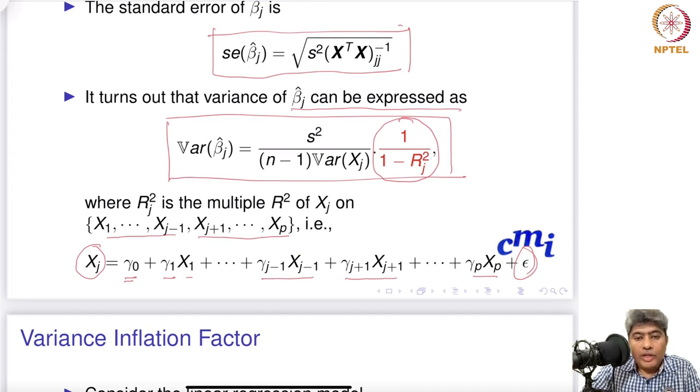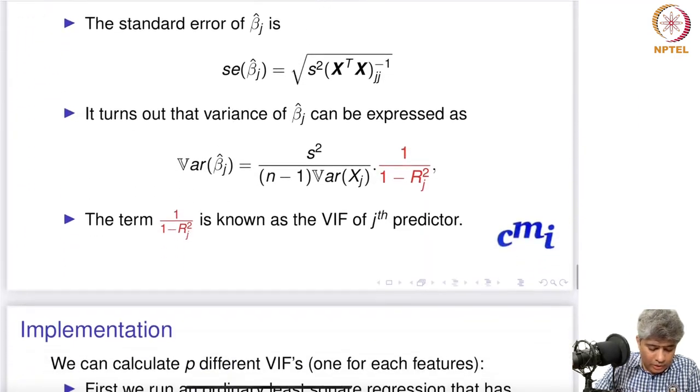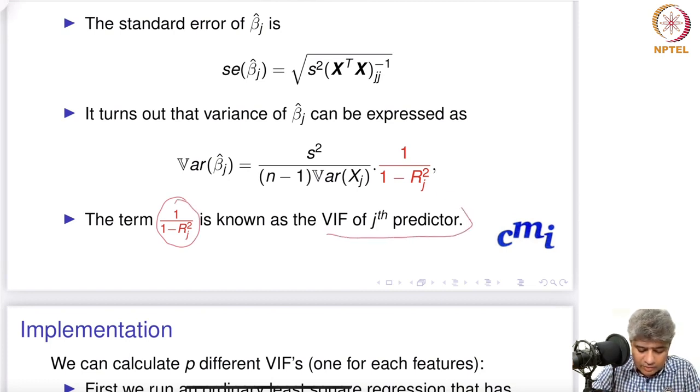You fit that model and get the multiple R squared, which is this Rj squared. Now the term 1 over (1 minus Rj squared) is known as the variance inflation factor of the jth predictor.